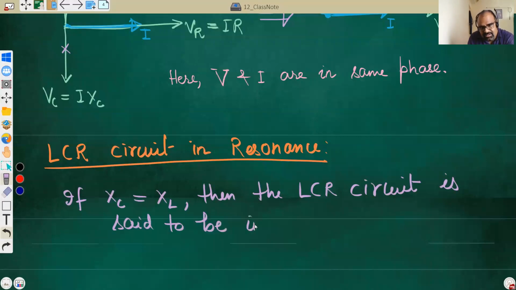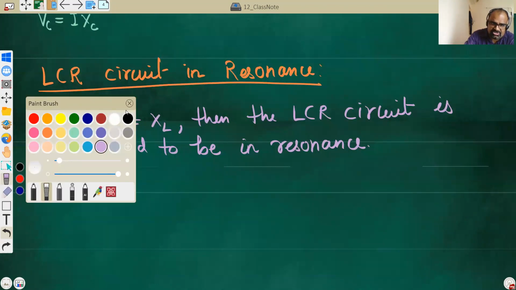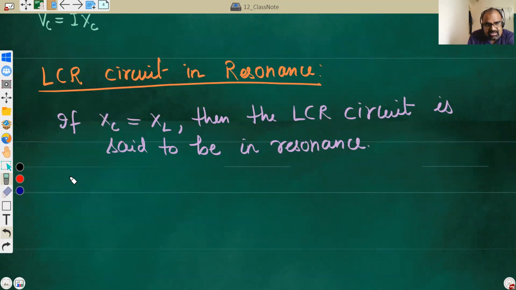You have already learnt it. So what is the condition for resonance? You know the condition, XC equal to XL. Still, I will write the condition for resonance.